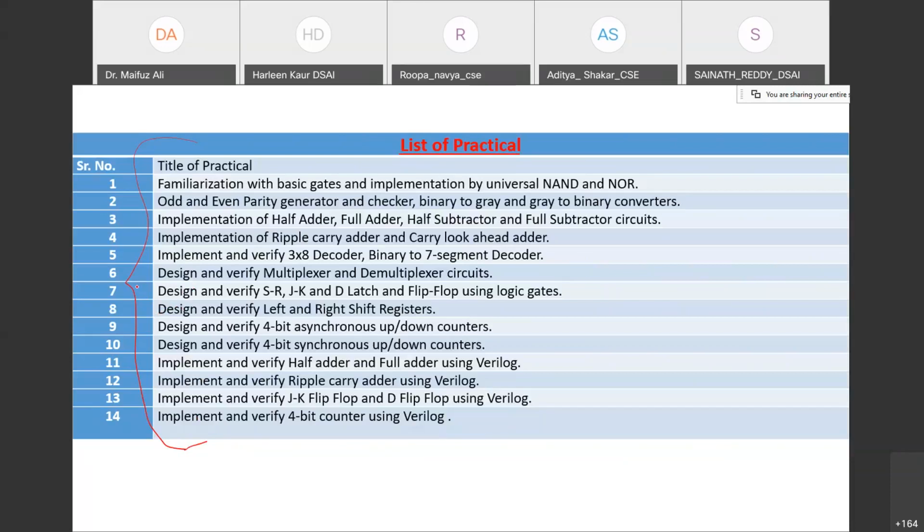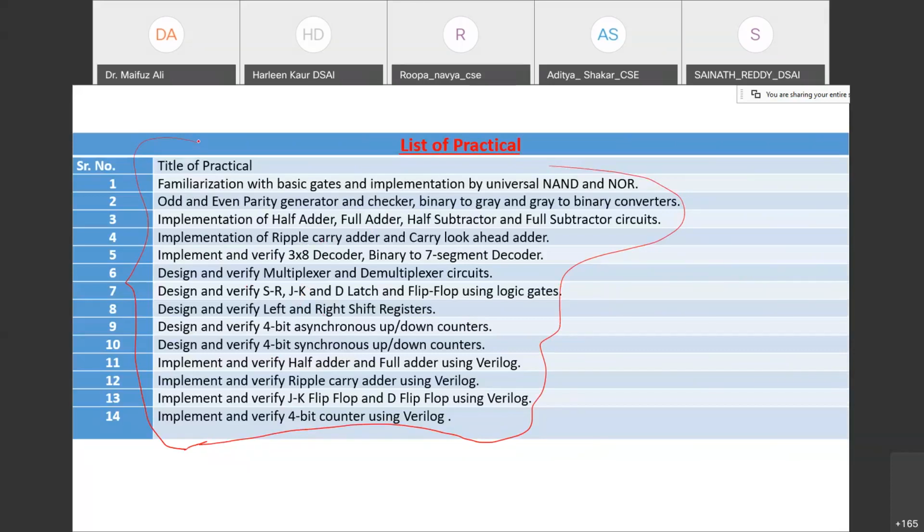If you return back during this coursework, definitely we will do this lab. Otherwise, when you come back after the coursework, if you are interested, we can show this practical in extra time. Otherwise, during this coursework, we can do some of this practical through some tools. There are many simulation tools available.